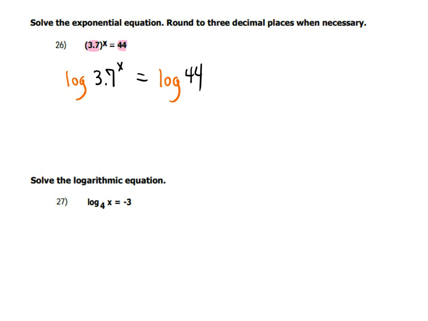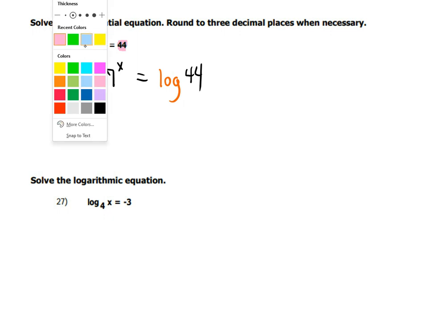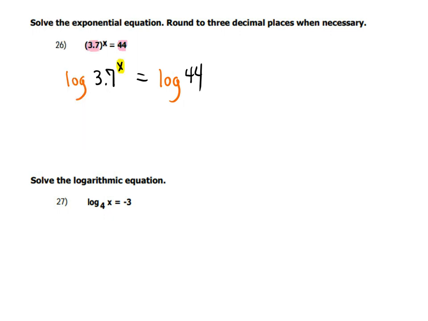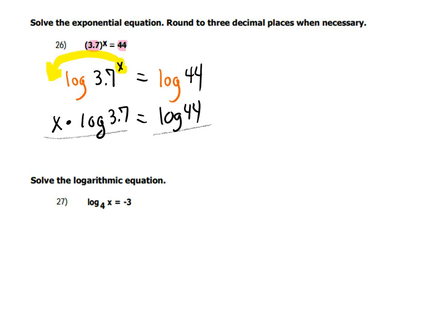Now, on the left, I can use that exponent rule. It's the power rule because you've got the log of something raised to the x. That x can go out in front. So this is going to become x times the log of 3.7. And so all I have to do to solve for x is divide both sides by the log of 3.7.